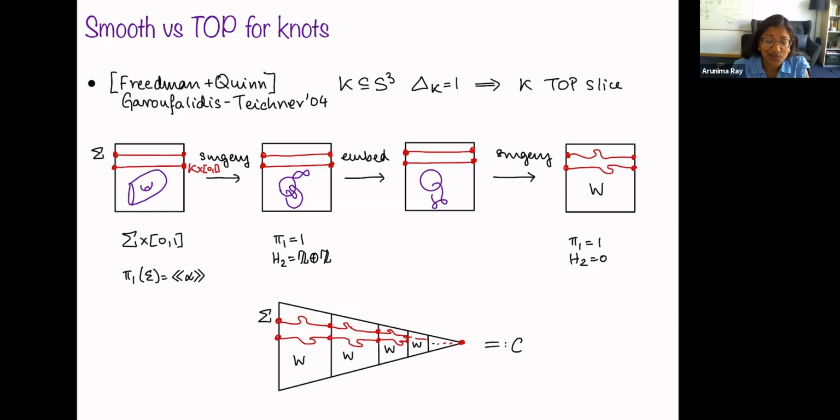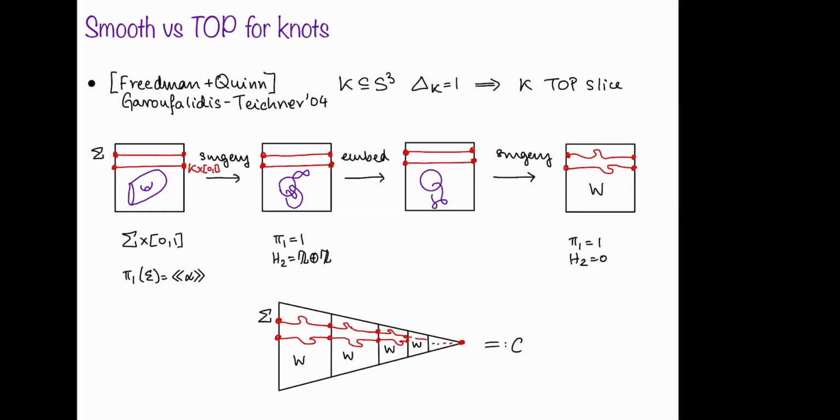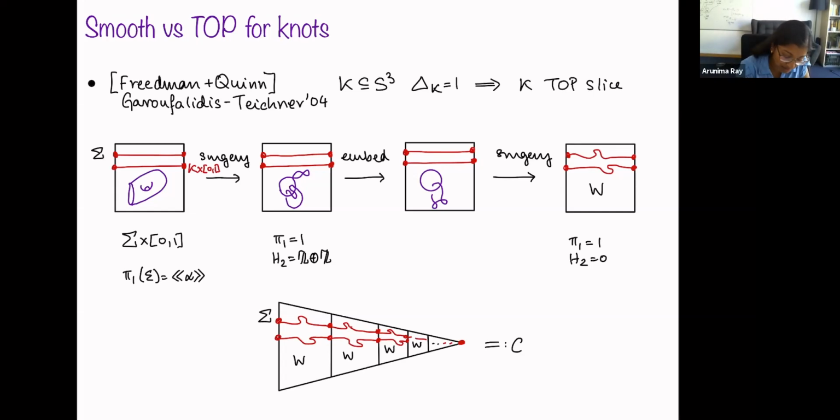I don't know to what extent you remember the statement of the theorem yesterday. In the case of codimension 2, there was an infinite cyclic group that came in, and that's where the Alexander polynomial 1 condition comes up. Not that important. Wait, the pi1 of the complement is 1, not Z? Do you mean the annulus?